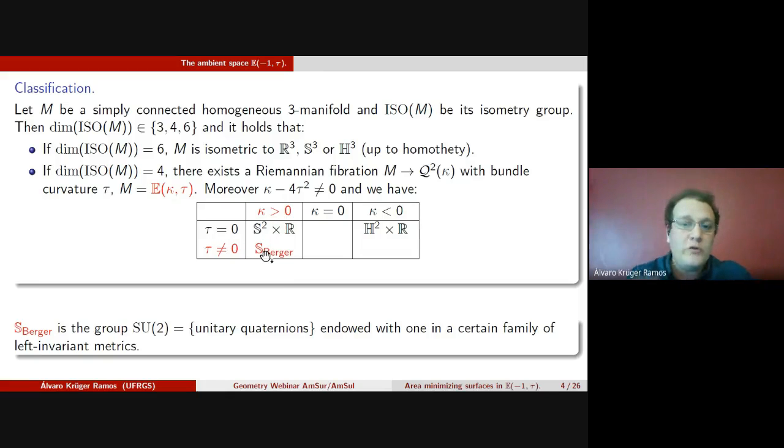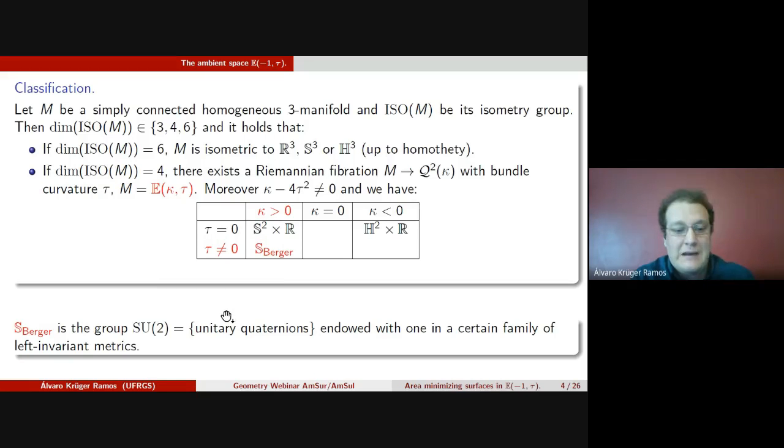If you have all 3 parameters equal to each other, then you actually have a round metric, and you go back to a 6-dimensional isometry group, and you have S3 with a certain curvature. But if the 3 constants are pairwise different, then you don't have a 4-dimensional isometry group; this group has a 3-dimensional isometry group, as will be shown later.